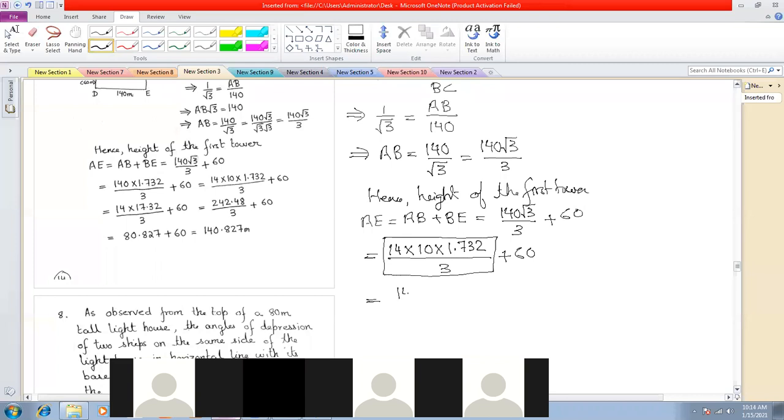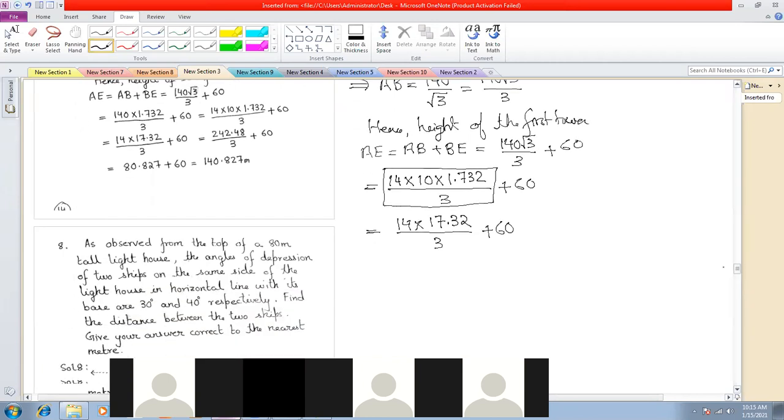Now 10 into 1.732 means one decimal will shift to the right, 17.32, divided by 3 plus 60. Now you multiply 14 into 17.32 to get 242.48 divided by 3 plus 60.